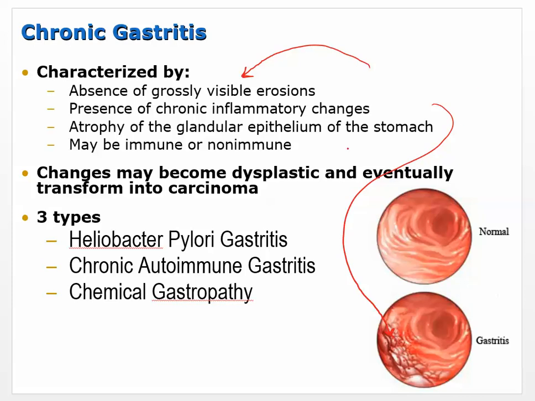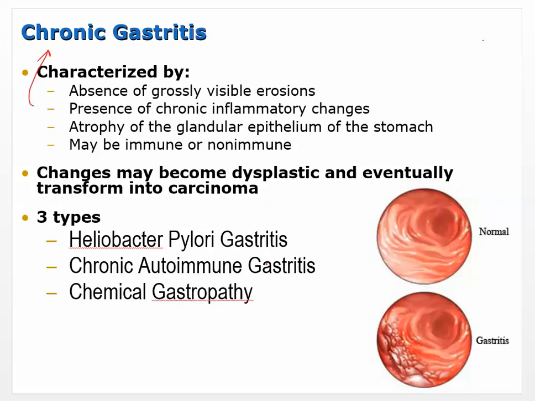So presence of chronic inflammatory changes, atrophy of the glandular epithelium of the stomach, so the glandular area that's releasing stuff can atrophy, and it could be immune, could be non-immune, but either way, we're talking about something that is chronic. Okay?